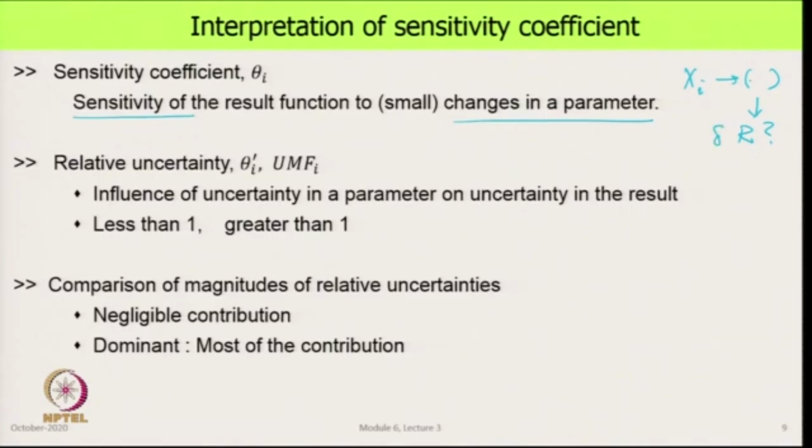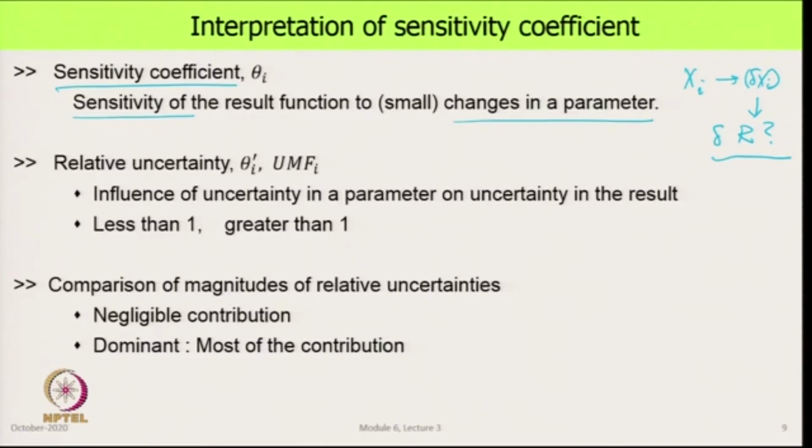We can call it delta. And as you look at it as a statistical parameter, we are basically looking at some statistics. But this is the very quick definition: how sensitive a function is to a particular parameter.